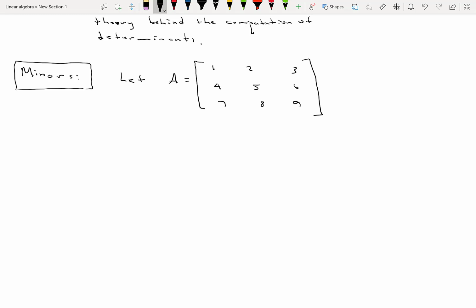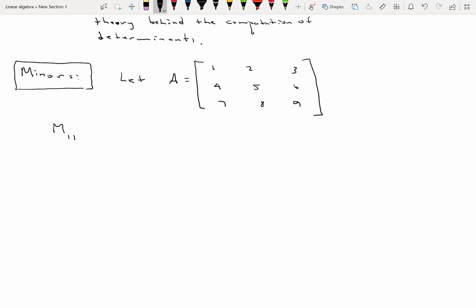I'm going to define something called the 1-1 minor of A. Now, that's not the name that this textbook uses. This is a name that I didn't make up. I grabbed this name out of a different textbook. In fact, I think it's using the terminology that I grew up with.